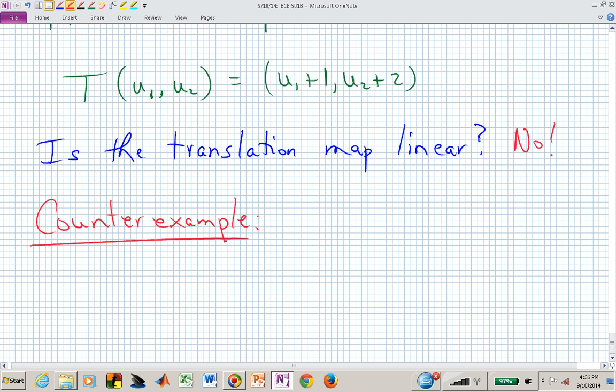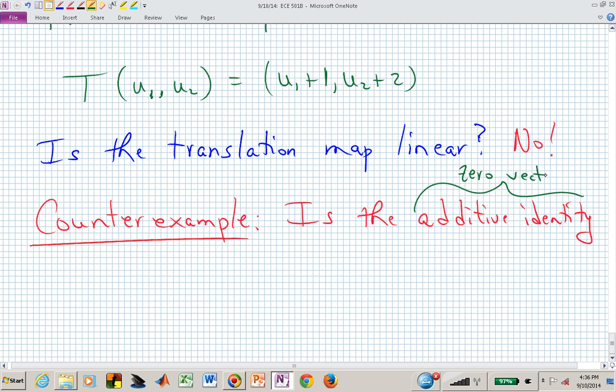The counterexample is to ask the question, is the additive identity, and what is that? Well, that's just the zero vector. Is the additive identity mapped onto itself?